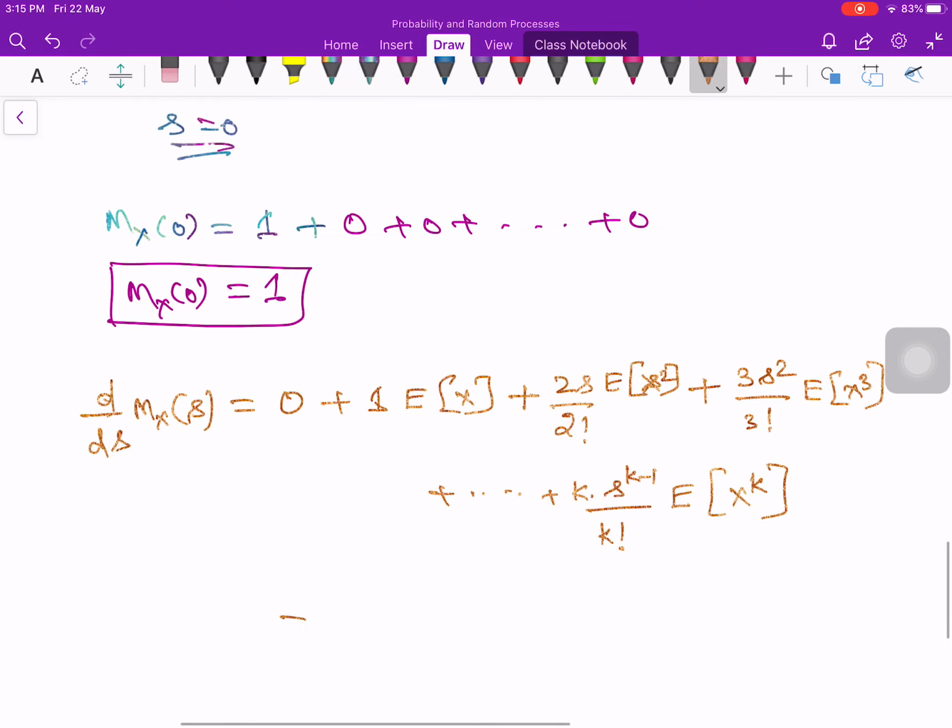So now you substitute s equal to 0 in this derivative. Maybe I can simplify this before that.